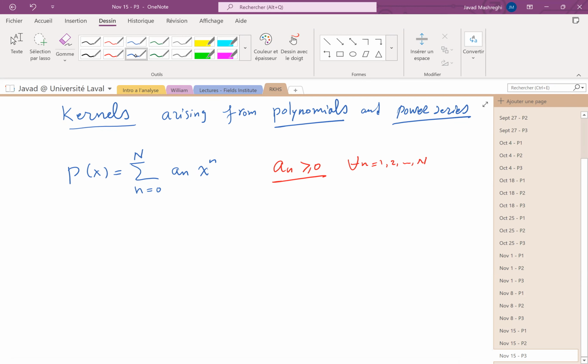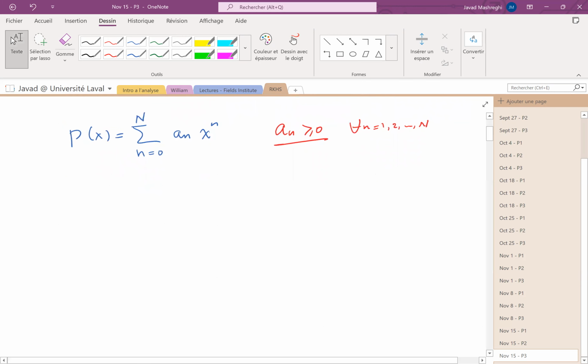That's the main assumption. Then we consider K index P from, no, not from C, from C² to C by this formula.